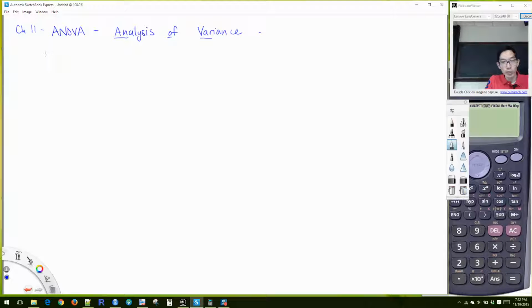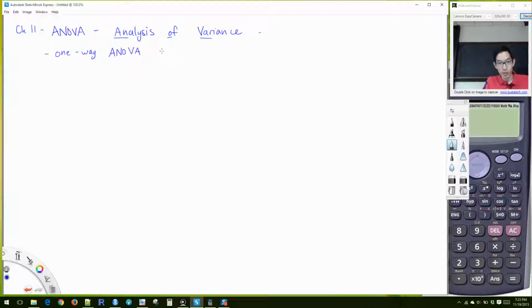What we will learn is one-way ANOVA. This is the most basic form of ANOVA. I will mention some of the other forms in the context where they apply. But yes, we will learn one-way ANOVA.